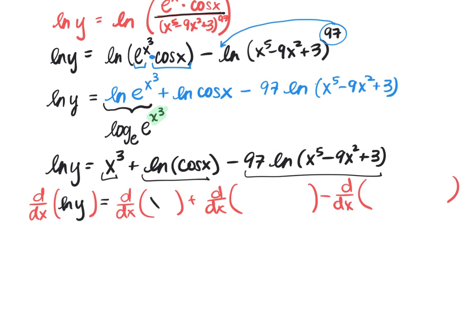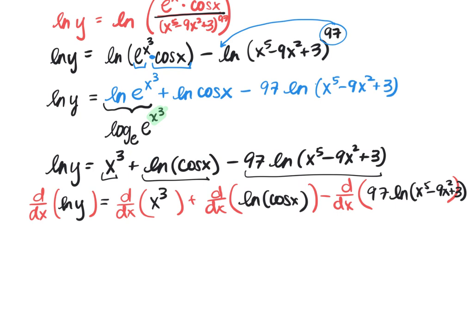So the derivative of x cubed, the derivative of natural log of cosine of x, and then the derivative of 97 natural log of x to the fifth minus 9x squared plus 3.